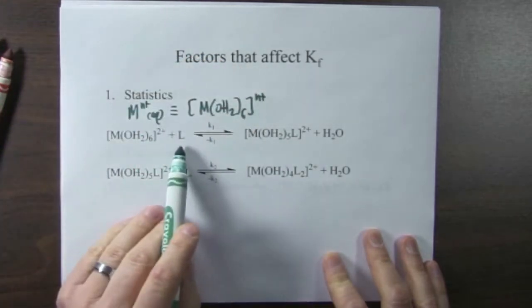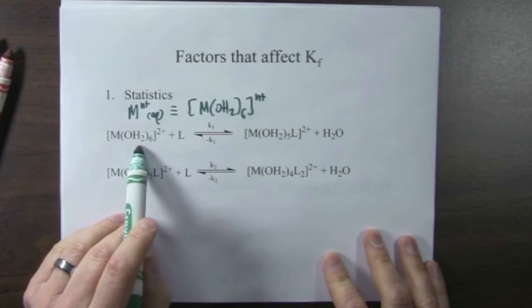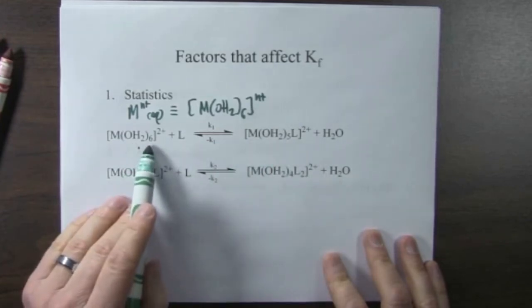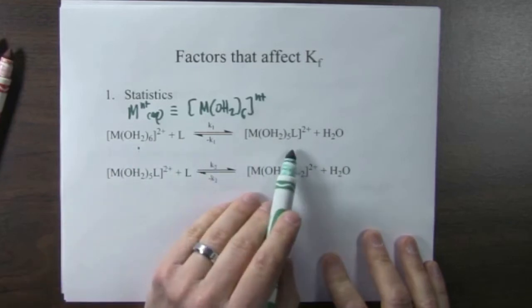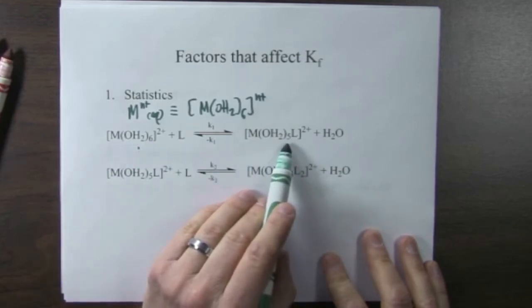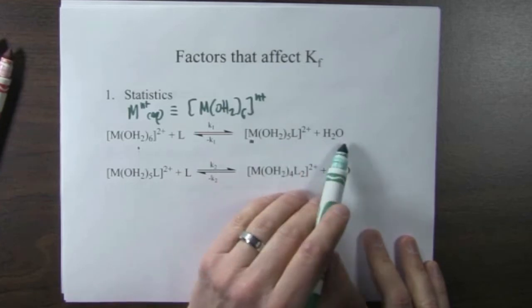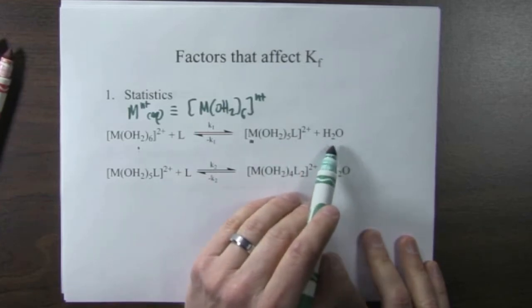And so to add the ligand of interest, we actually have to substitute out one of the water molecules. Here we had 6 water molecules. Now as the product we have 5 water molecules on the metal and 1 ligand of interest, and then we displaced one of the water molecules.